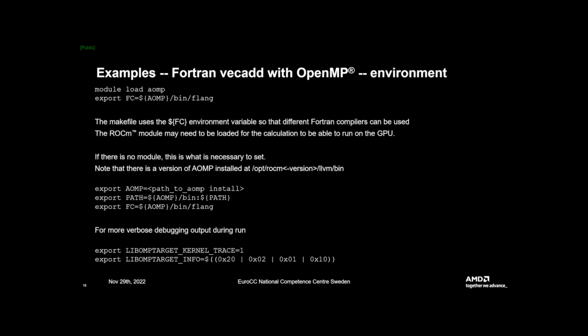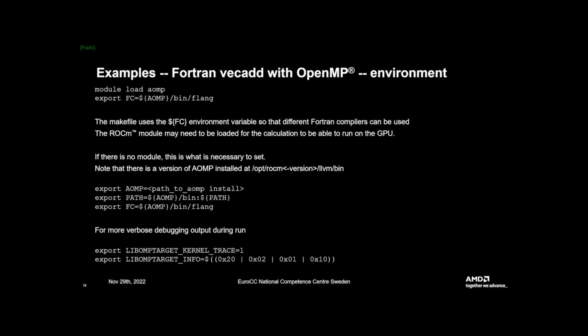So to try this example out, you would load the AOMP compiler. You have to set the Fortran compiler to Flang in the AOMP path. And then you would just go ahead and compile the code like normal.